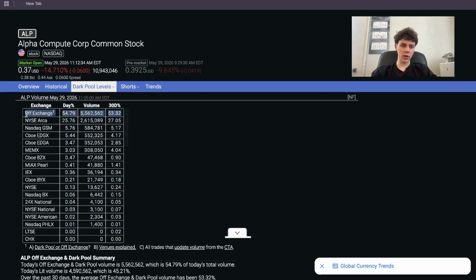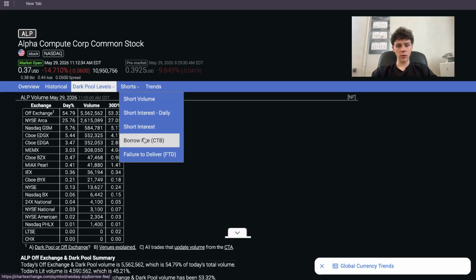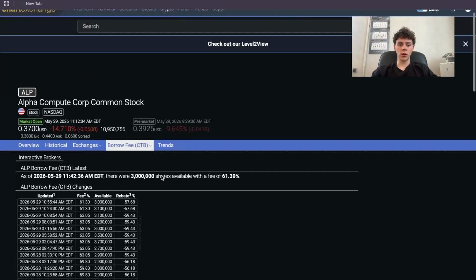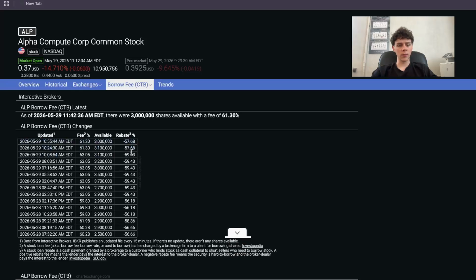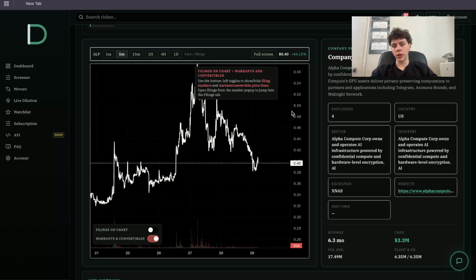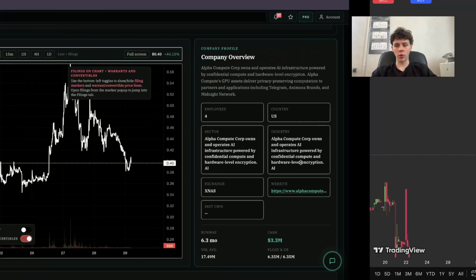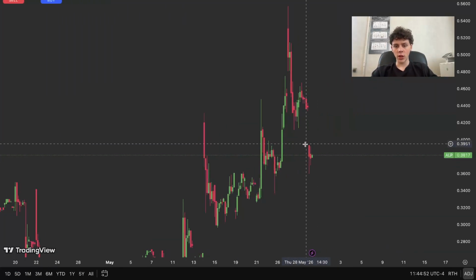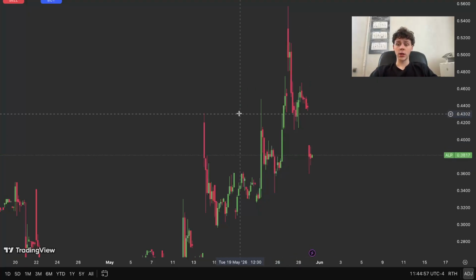This helps you understand if there's institutional trading, and also if the company is using their dilutive instruments, which is usually done off exchange. And then you can look at borrow fee as well, and this is all for free. Borrow fee gives you a view of how much people are actually shorting the stock. So logically speaking, if a lot of people are already shorting the stock, it means you're not the first one to get there. You haven't found the gold mine, and you're probably not going to make any money.